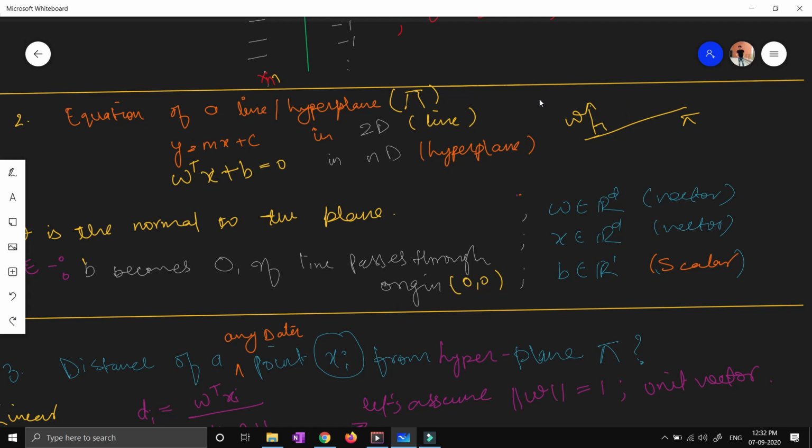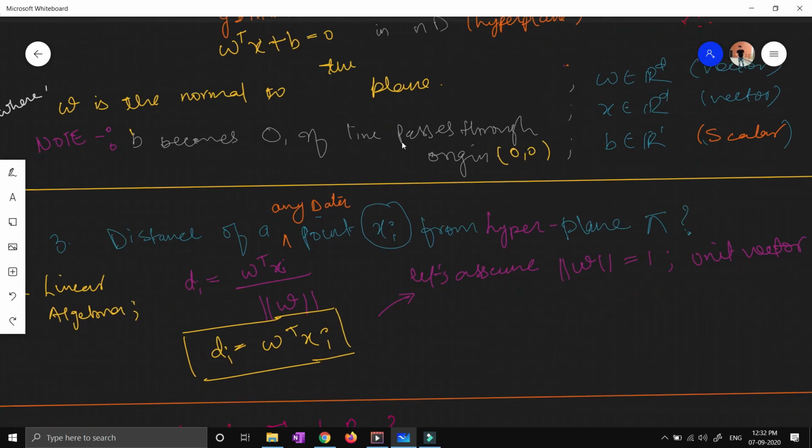There is some point here, xi, and there are multiple other points as well. The distance of this particular point from the plane is di. So what is the value of di?